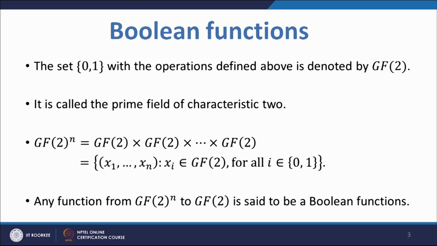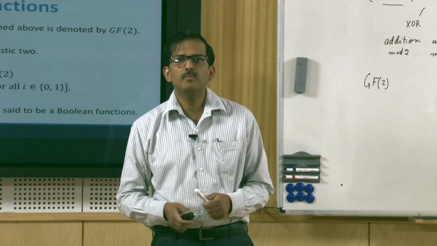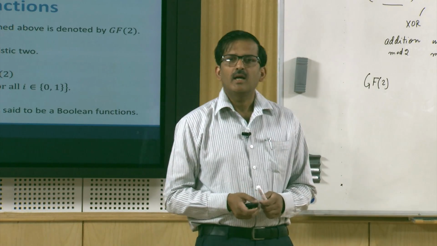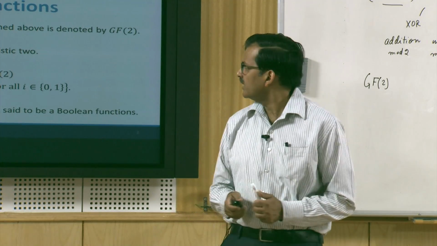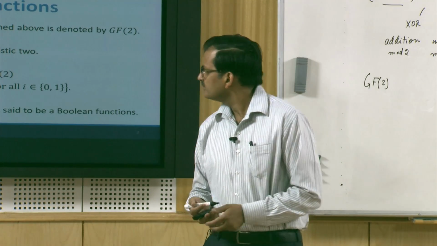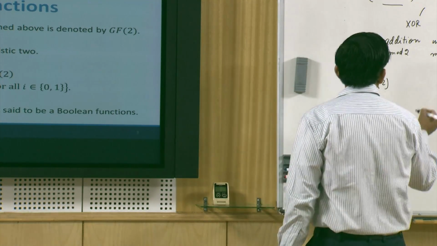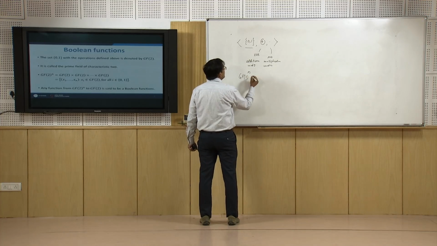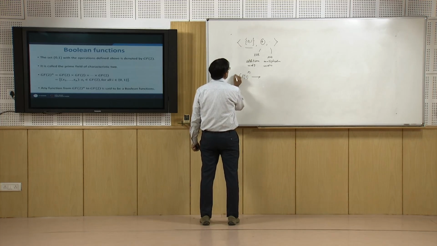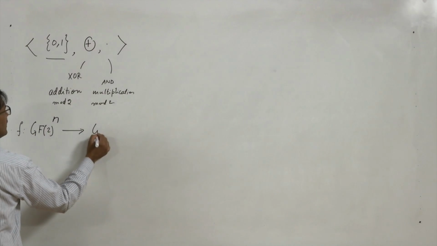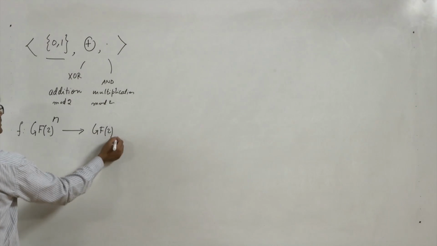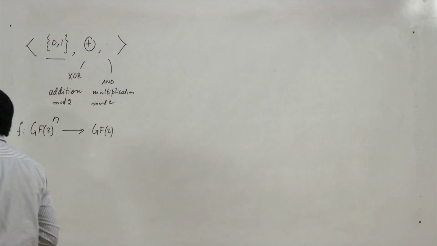Once we have this, we define functions from GF2 to the power n to GF2, and these functions are called Boolean functions.